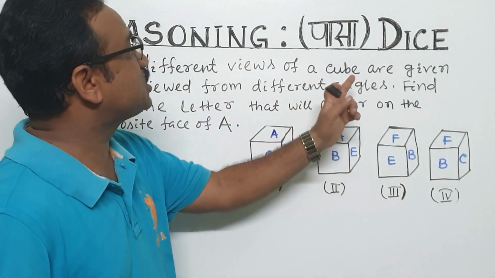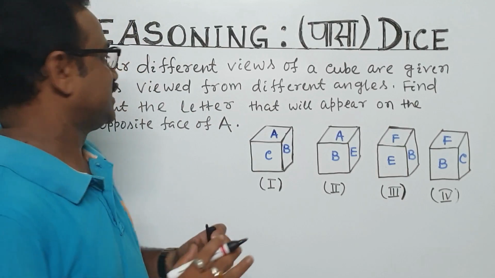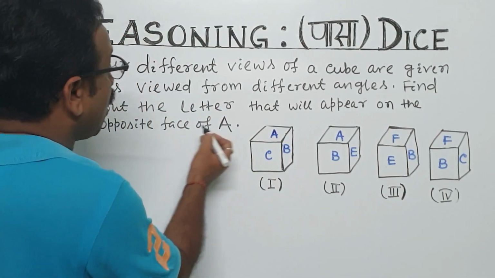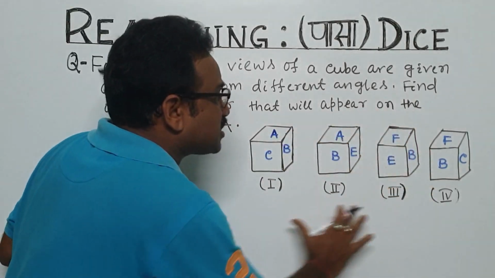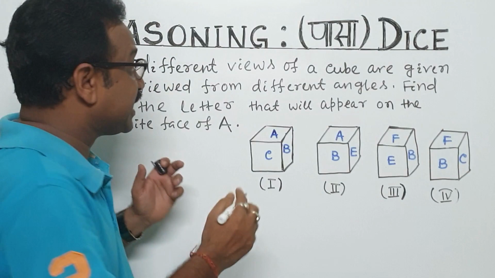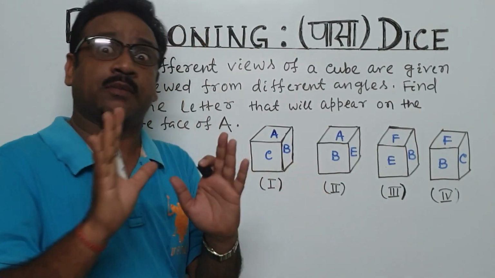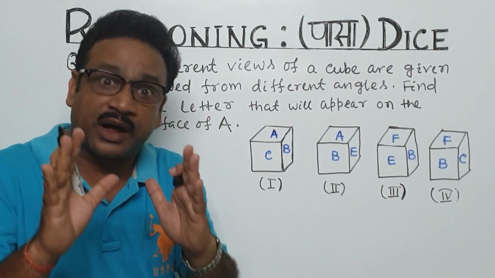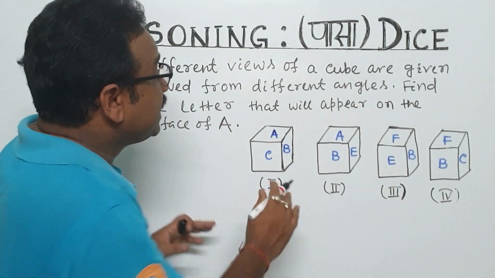Four different views of a cube are given as viewed from different angles. Find out the letter that will appear on the opposite face of A. So in these types of figures, what will we do? First see, A will not be common. A, which is asked, will not be common. Other than A, what else is common in different figures?